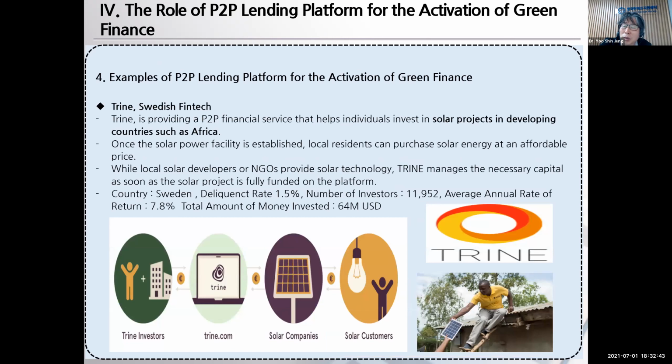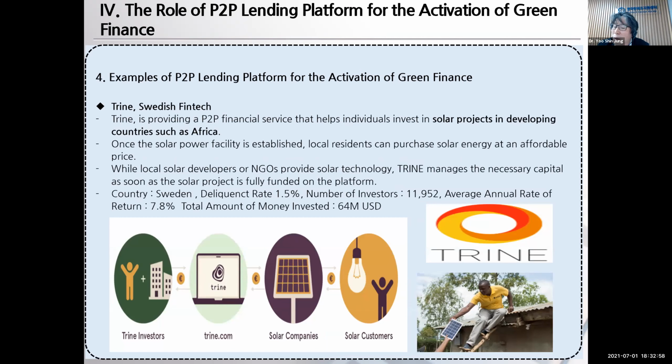It is not only a Korean case. Swedish fintech company Trine is providing a P2P finance service that helps individuals invest in solar projects in developing countries such as in Africa.